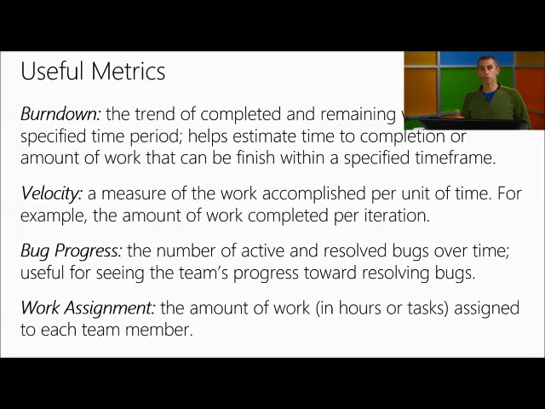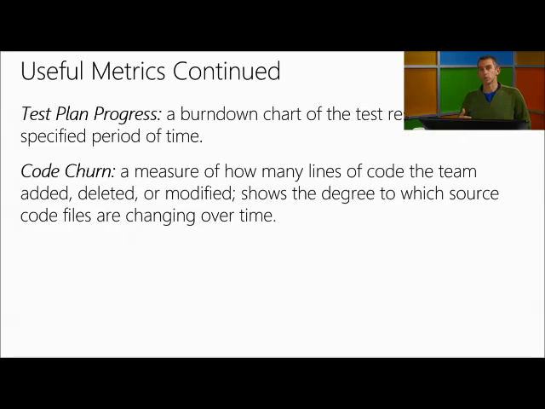You've got your code churn report, which is going to show how much of the code has been added, deleted, modified over time. And that's a really important report. If you've got a lot of churn, you need to do a lot of testing because it just means things are changing. And even things that you've already tested, if they've changed, you're going to need to test those areas again.